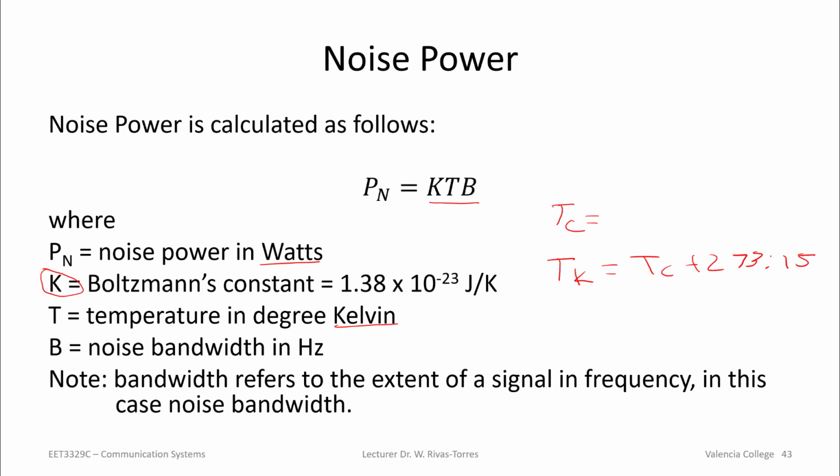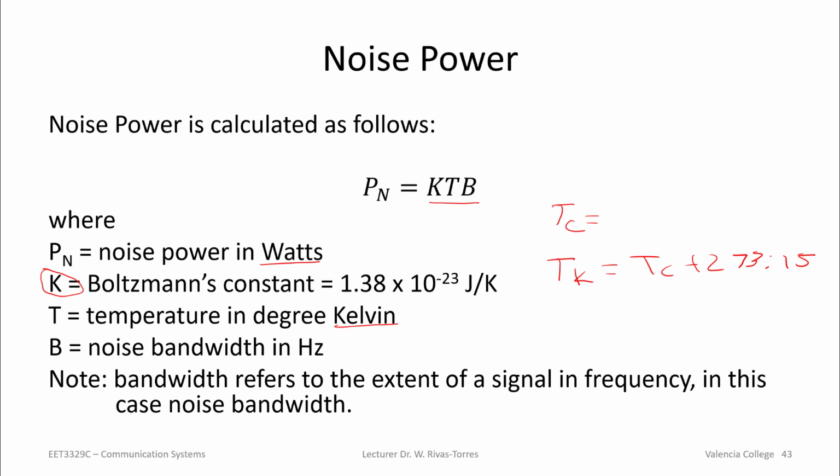And that converts from Celsius to Kelvin. And if you want to go from Fahrenheit to Kelvin, most people convert from Fahrenheit to Celsius and then from Celsius to Kelvin. But there are formulas for that, and I'll let you guys research that.